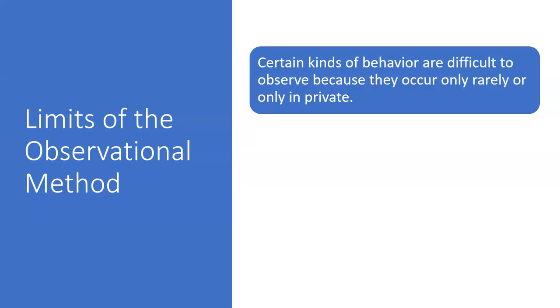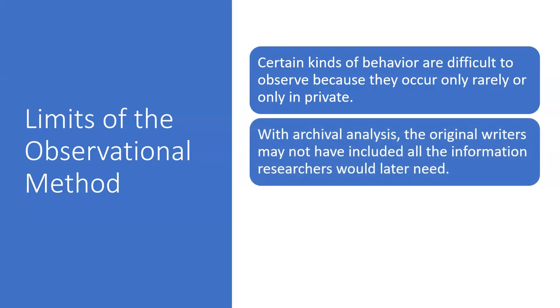But in everyday life, there are lots of behaviors that are hard to observe simply because they tend to occur in private spaces. So let's say you are interested in domestic violence. The home is a private space. So it's very hard for us to do that kind of observational work in those settings.